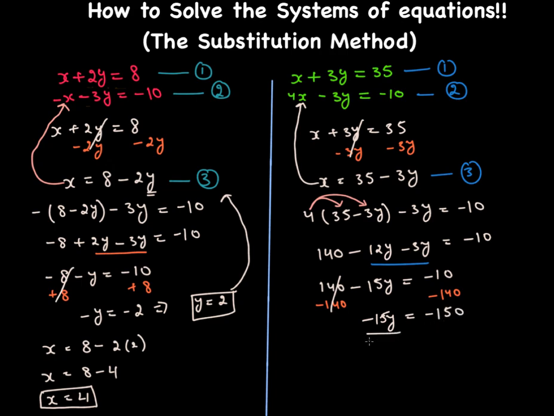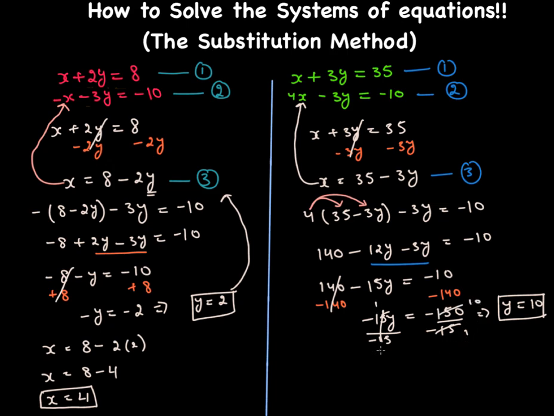So if I divide both sides by negative 15, it cancels out, and therefore this gives me y, and 15 times 10 is 150, so y is equal to 10.